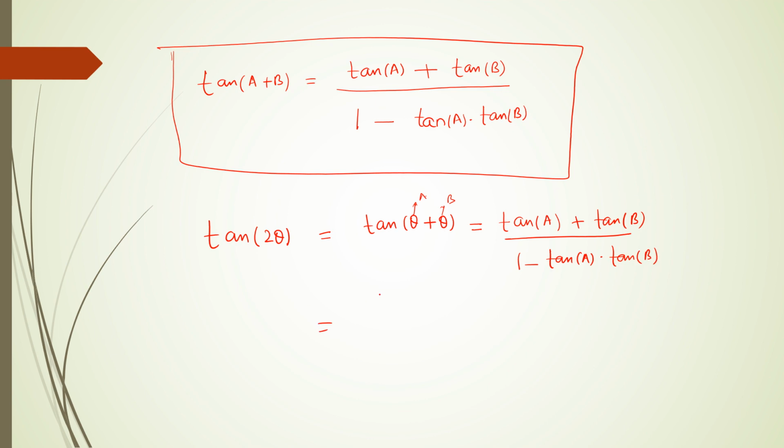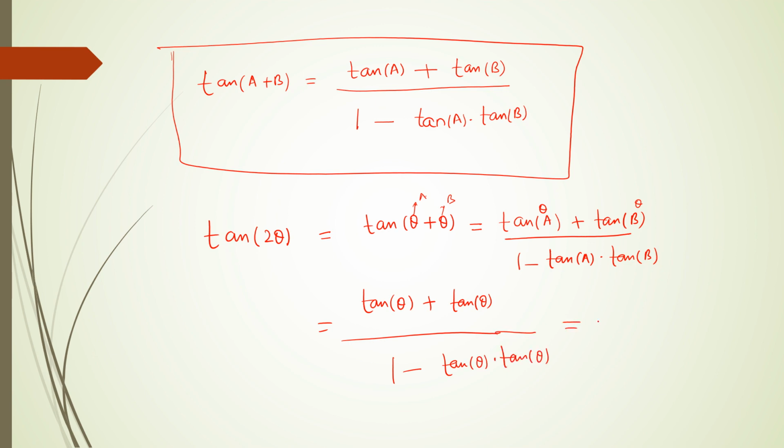Then tan of A is also theta and tan of B is also theta. So we can write tan theta plus tan theta upon 1 minus tan theta into tan theta.